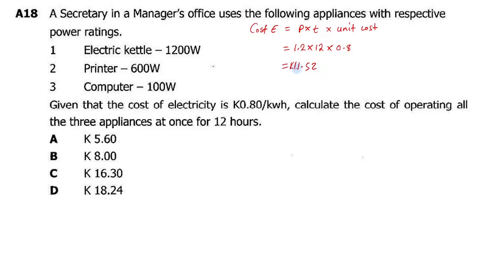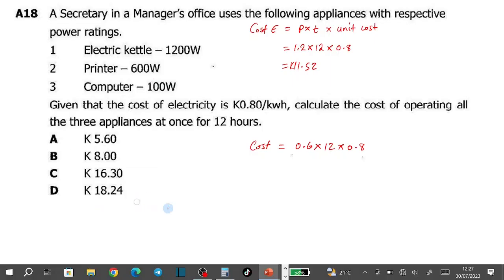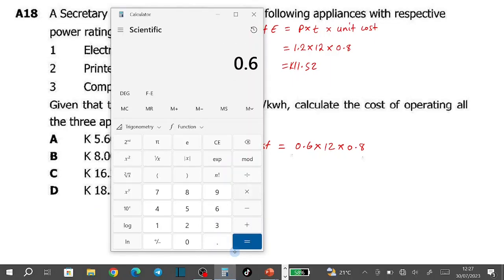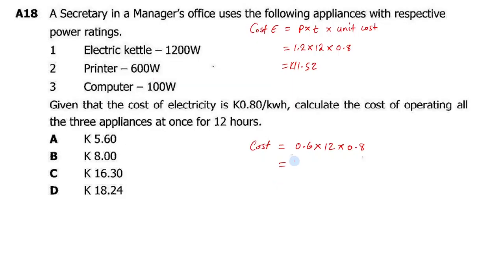That is in kwacha. Then for the printer, the cost alone is, we divide by 1000 so that it becomes 0.6. So 0.6 times the same 12 times 0.8, I get 5.76 kwacha for the printer.